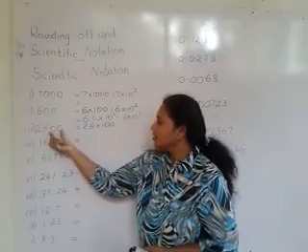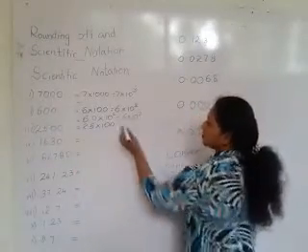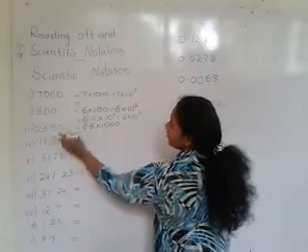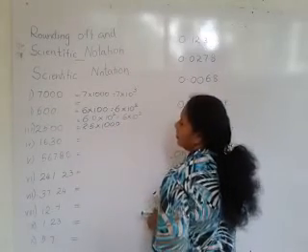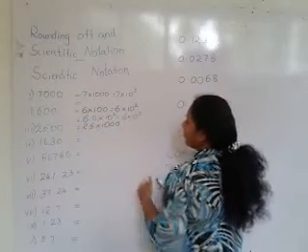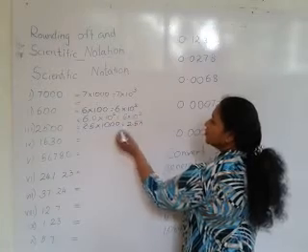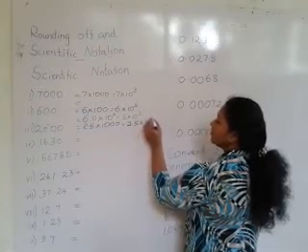Here how many? 2.5 into 1000. Then how can we make it? 2.5 into 10 power of 3.